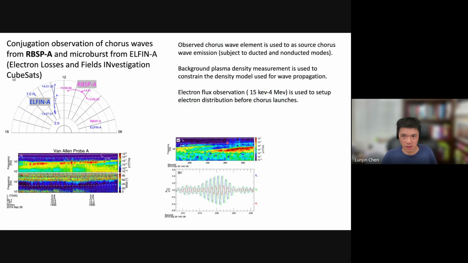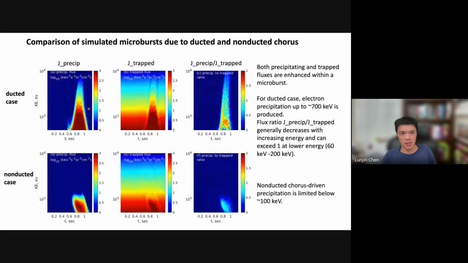And then unfortunately we have some chorus element observation from the Van Allen Probe observation, and basically we take the chorus wave properties from the magnetosphere observation, and use the Van Allen Probe observed electron distribution as an initial condition, and we try to simulate the evolution of the electrons due to this chorus element. Depending on the propagation mode, you can end up with very different results.